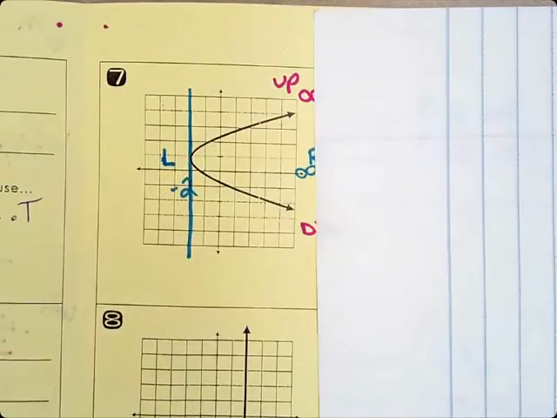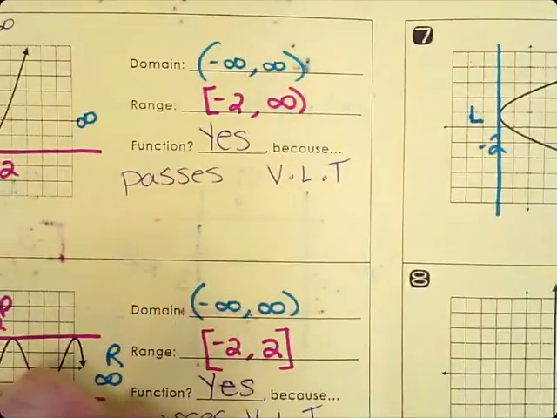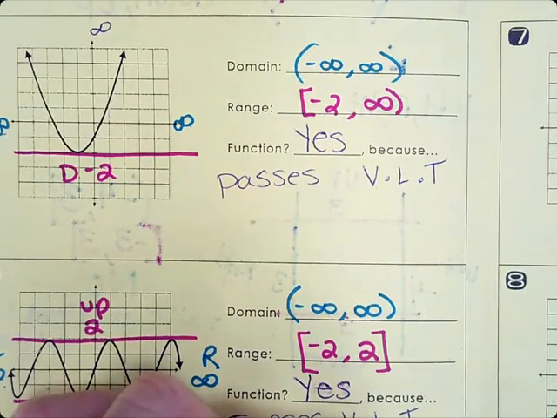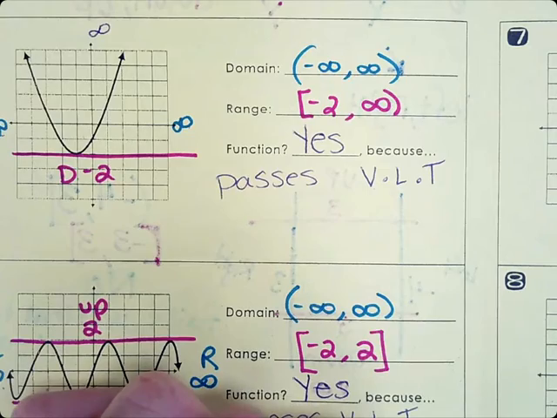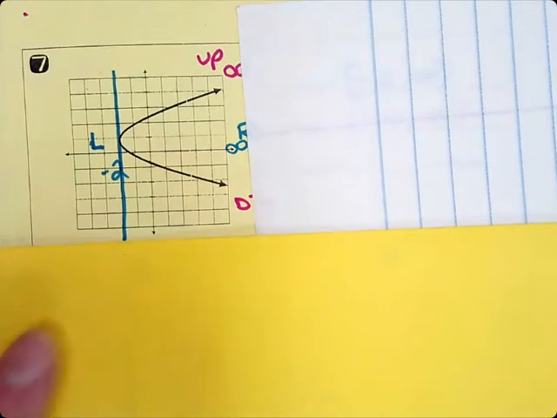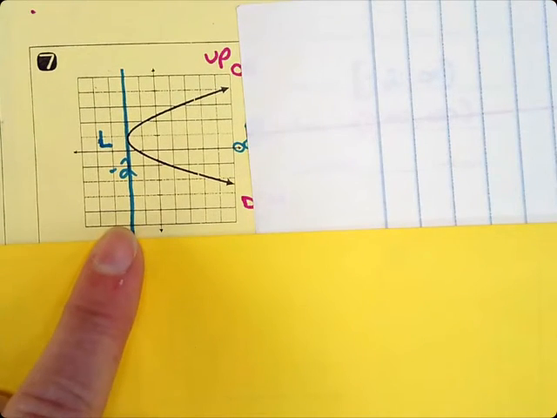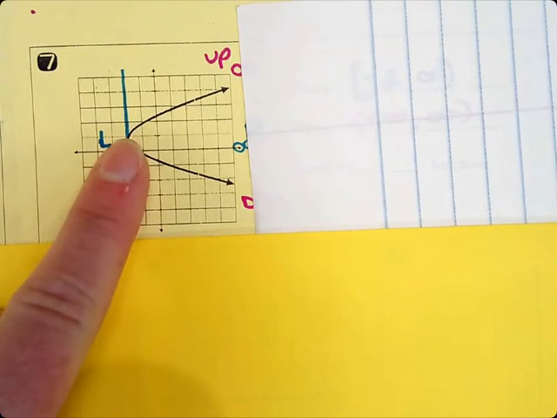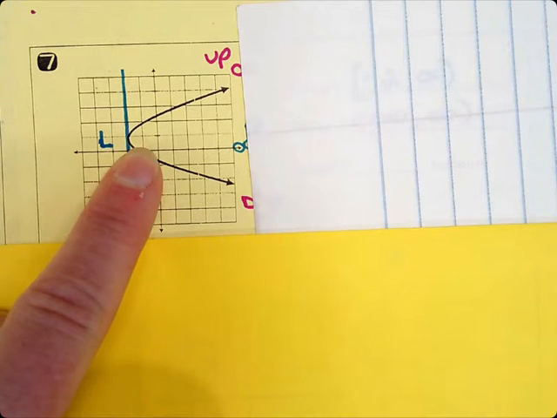Okay, let's go to number 7. This is really similar to number 4. It's just flipped around. So what actually happens is you're going to flip the domain and range around. If we look at left, the only fence that we can have is on the left because the relationship touches the line and then goes back out.